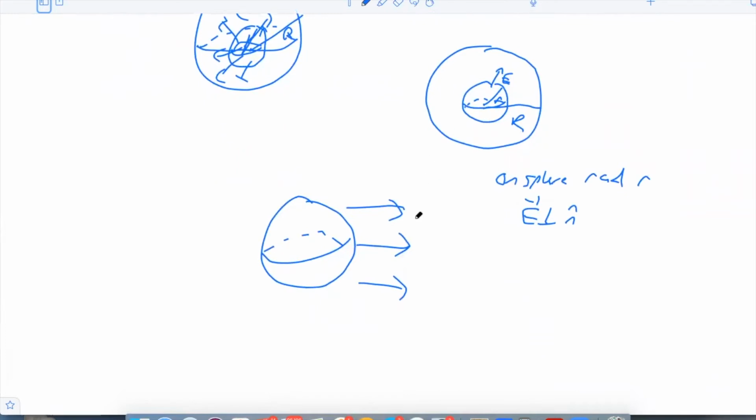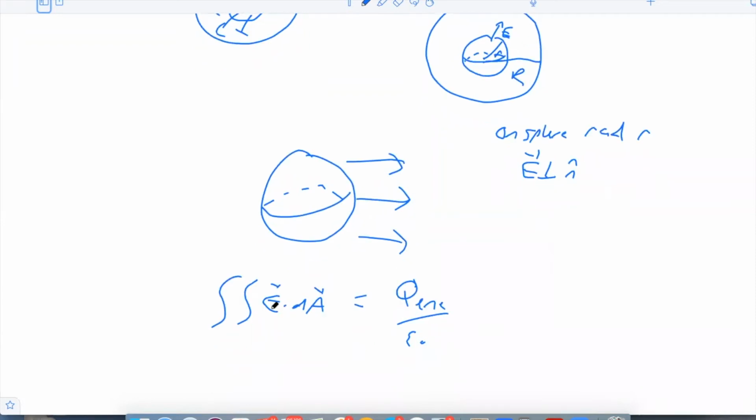Okay, so the double integral of E dot dA must be, by Gauss's law, the total charge that lives inside that little sphere divided by epsilon naught. That's Gauss's law. I just made the argument that E is parallel to the normal vector.